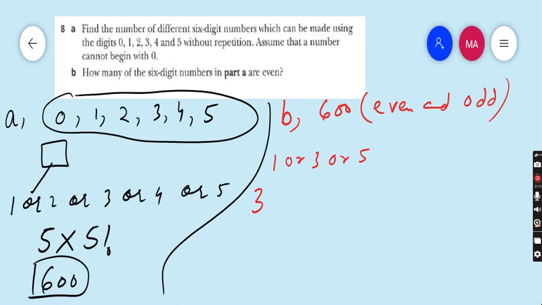Okay, so after placing 1, 3 or 5 in the first place, we have 3 choices.